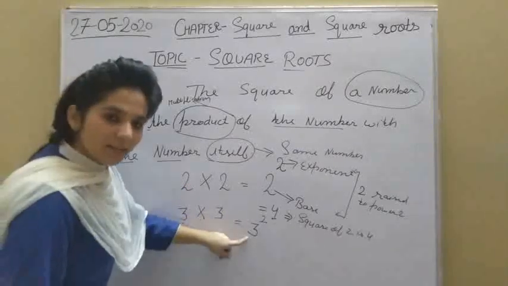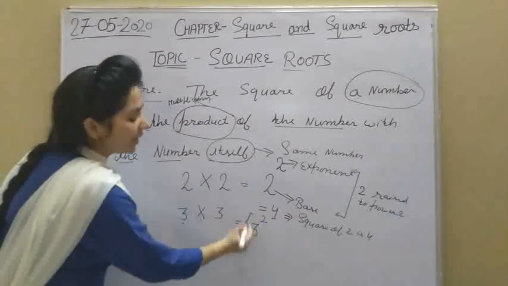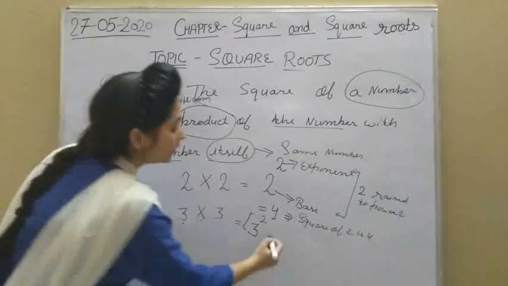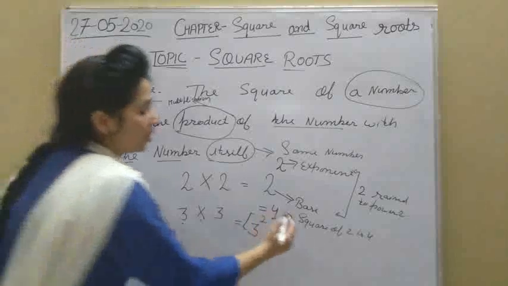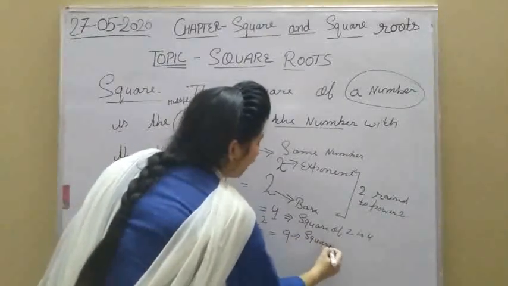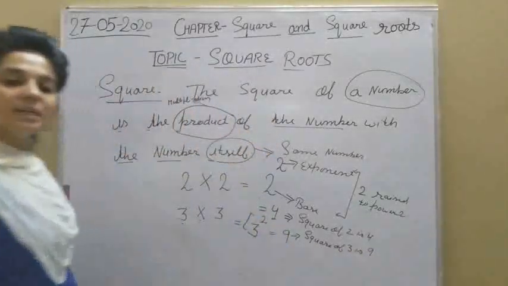Here 3 is the base and 2 is the exponent, and we will read it as 3 raised to power 2. It will be equal to 9. So here the square of 3 is 9.